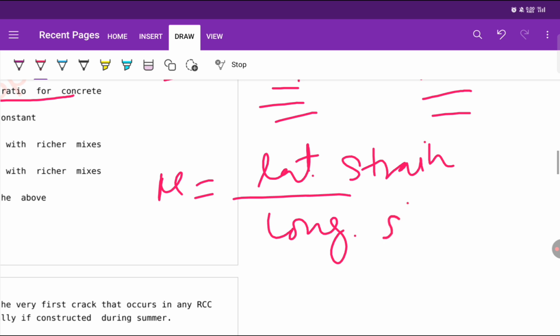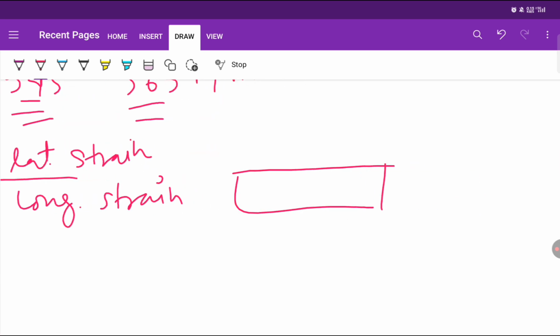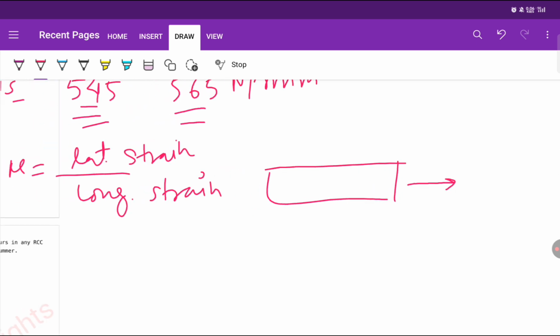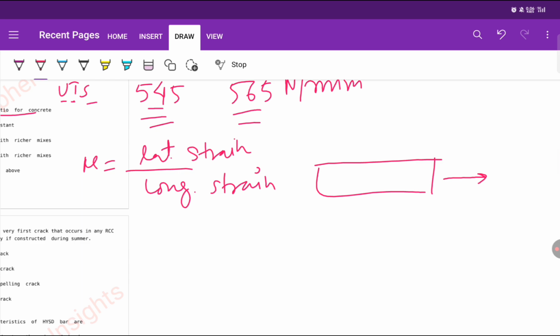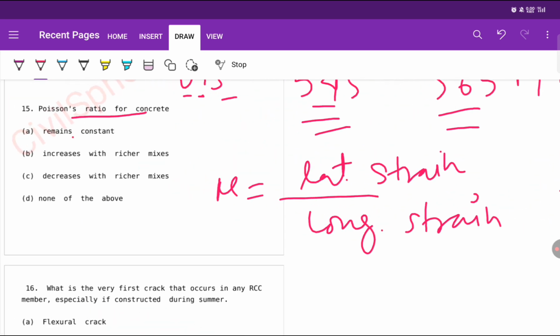This thing is called lateral strain upon longitudinal strain, denoted by mu. Options: remains constant, increases with richer mix, decreases with richer mix, none of them. So which option is correct?